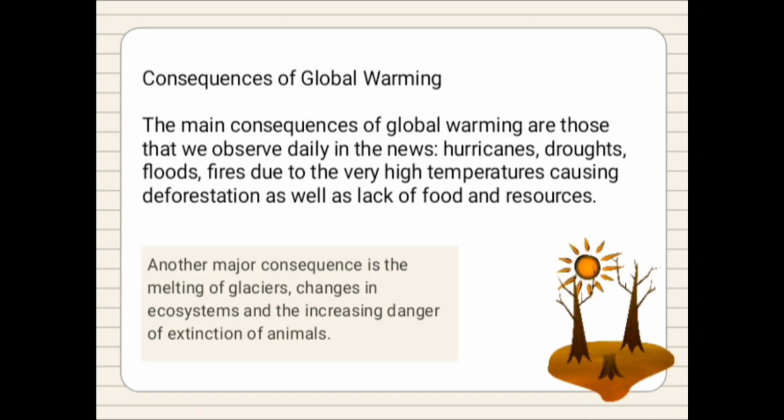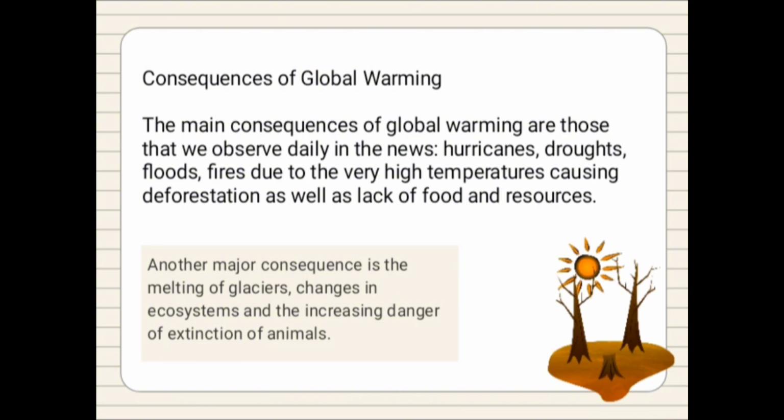So next are the consequences of global warming. The main consequences of global warming are those that we observe daily in the news: the hurricanes, the droughts, the floods, the fires due to the very high temperatures causing deforestation, as well as lack of food and resources.